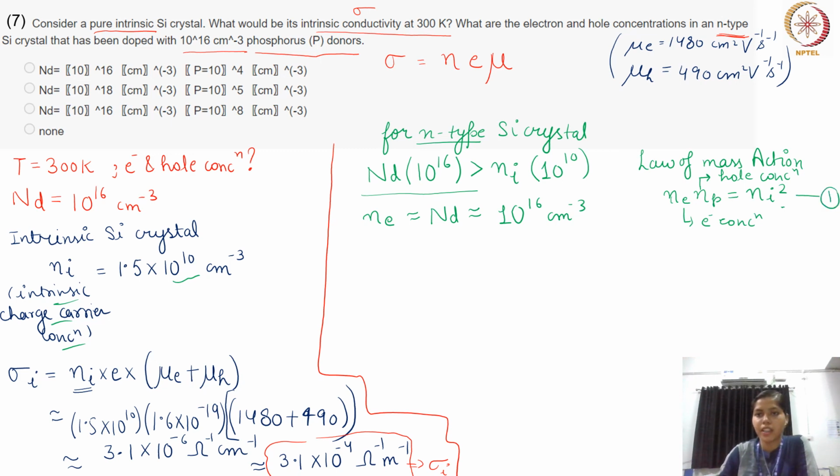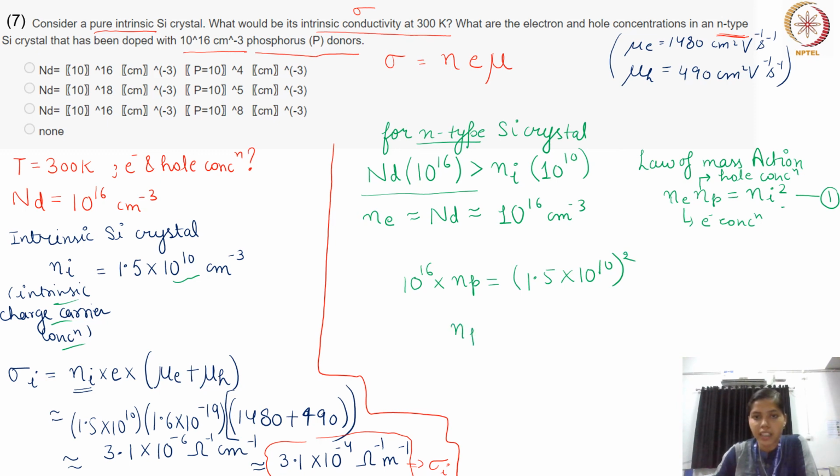When we put this value in equation number 1, that will give me 10 raised to the power 16 multiplied by the concentration of the holes, and that will be equal to the square of intrinsic charge carrier concentration, and that is my 1.5 into 10 to the power 10 whole square.